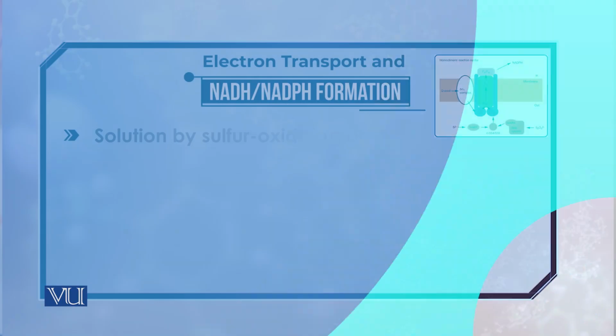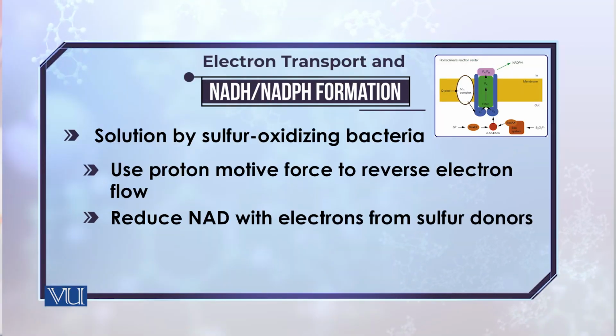So these microorganisms have devised a way that the electron transport chain can somehow be carried out, and the way is to use the energy from the proton motive force, the energy you get from the transportation of the hydrogen ion. That energy is utilized in the transportation of electrons from the donor molecules like sulfide or sulfur containing compounds.